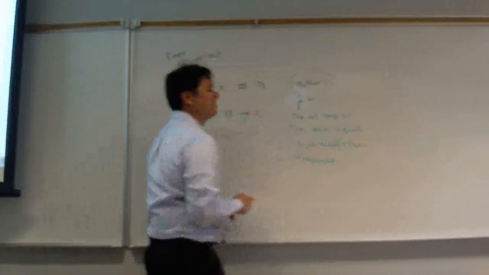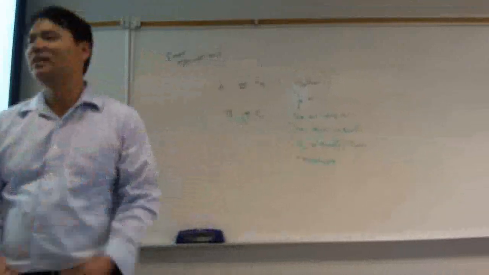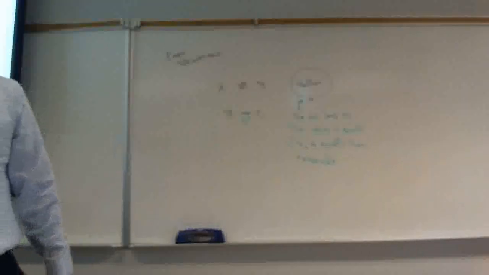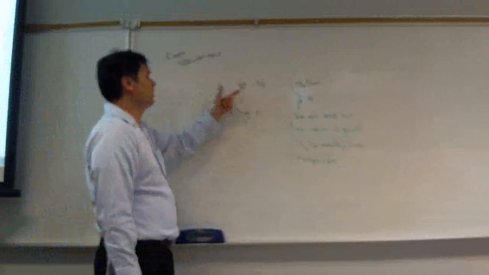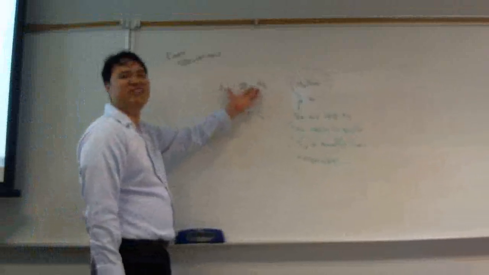But what happens if the leak becomes kind of big, or the leak gets bigger and bigger? If the leak gets bigger and bigger, can we still use the fast reversible? That is, we have this equilibrium between A and B.